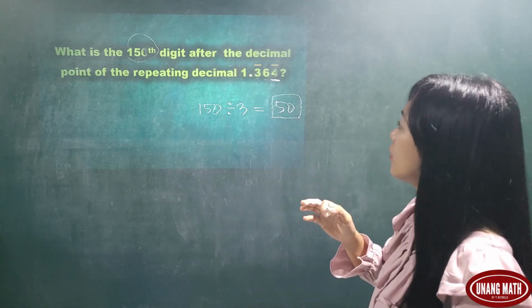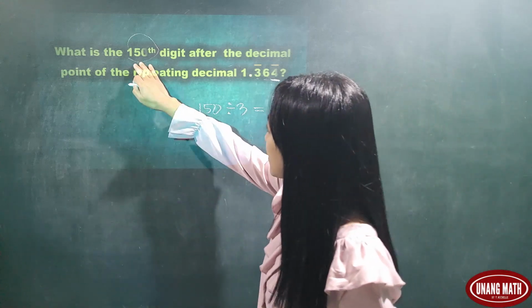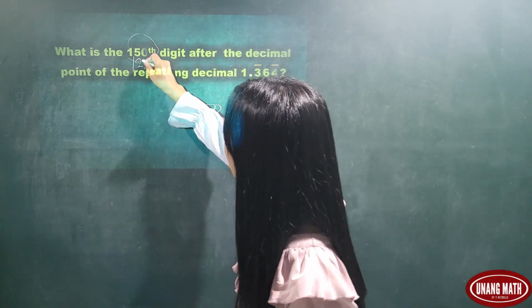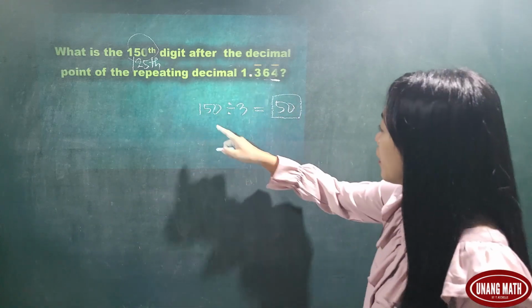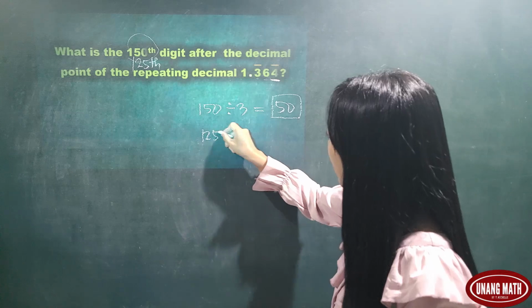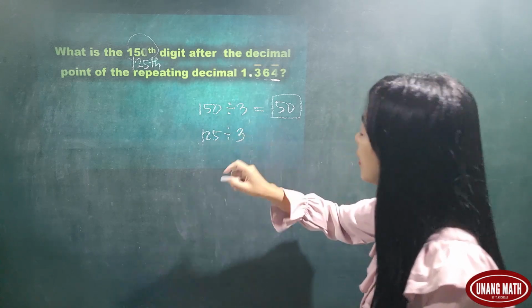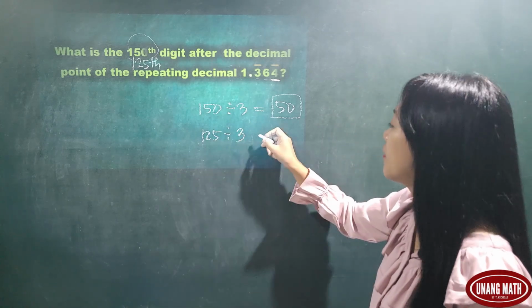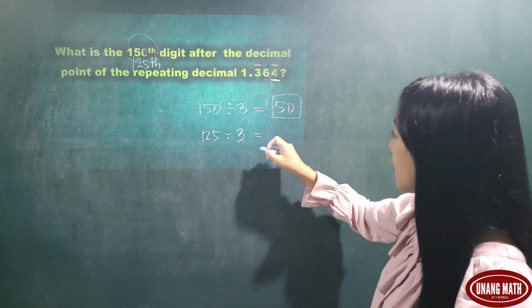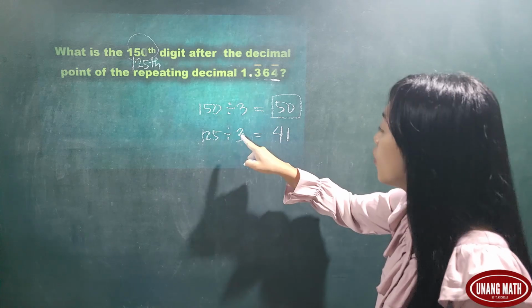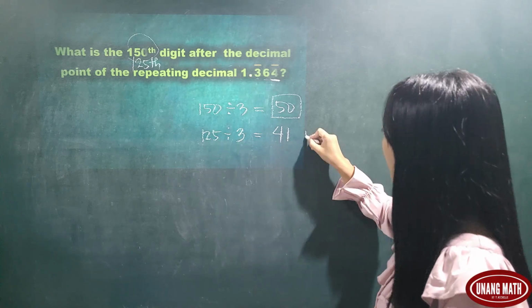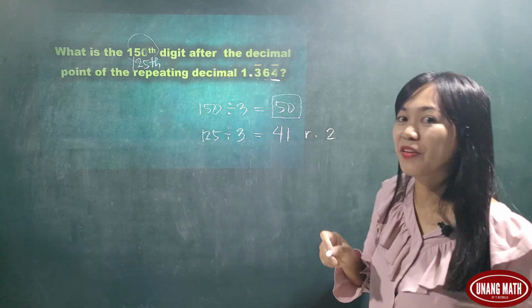Okay, what about if it's asking for the 125th digit? Let's see. So it's going to be 125 divided by 3. This is equal to 41, because 41 times 3 is going to be 123. So there is remainder 2.